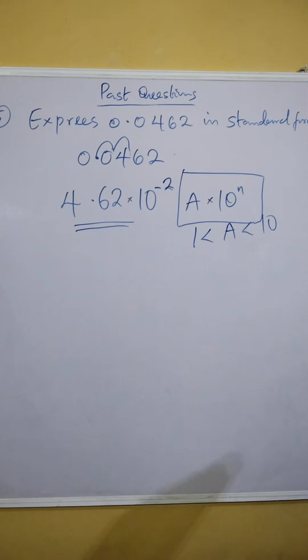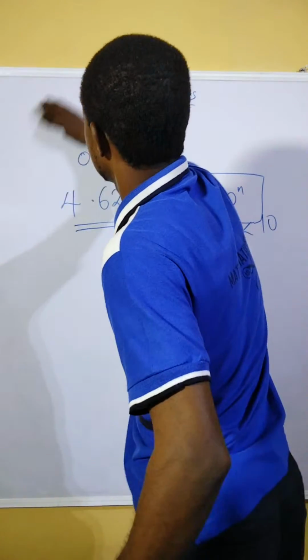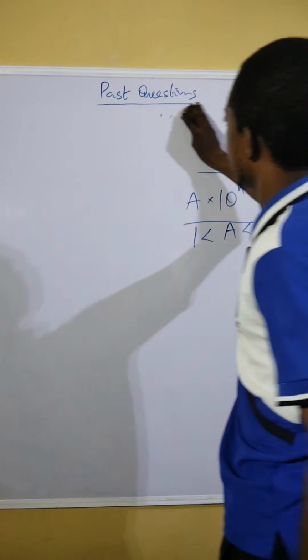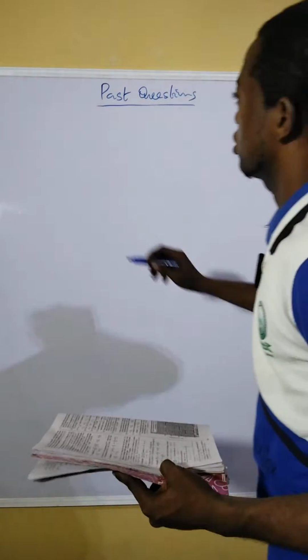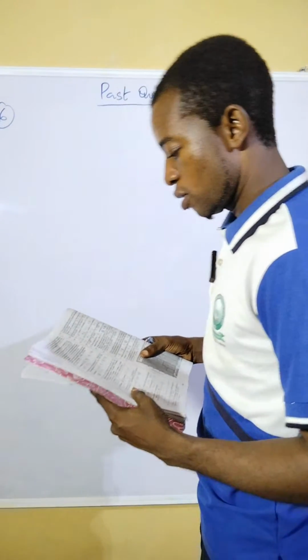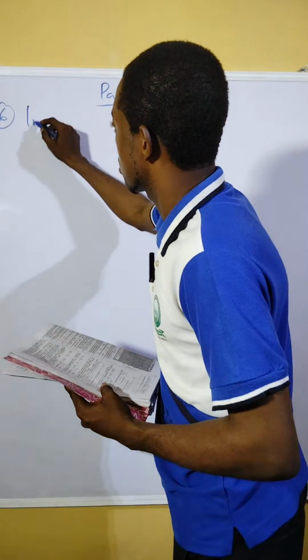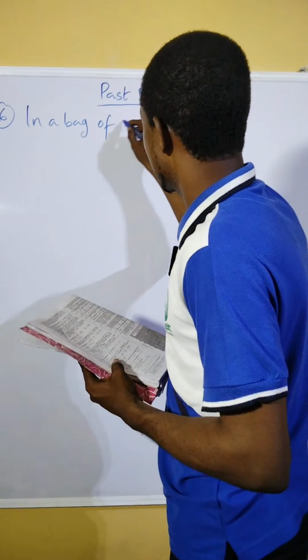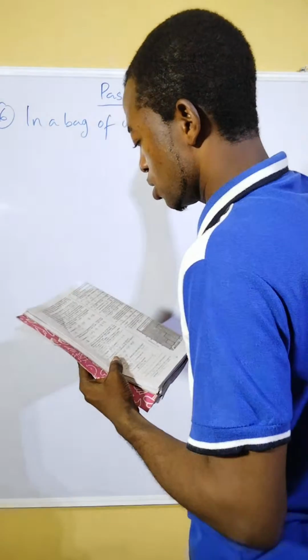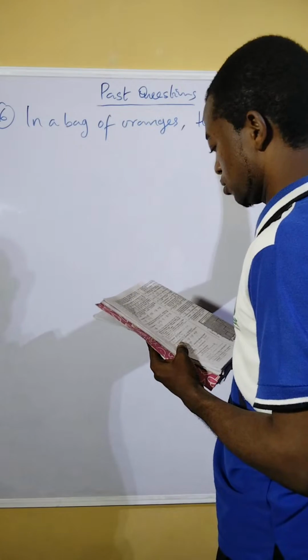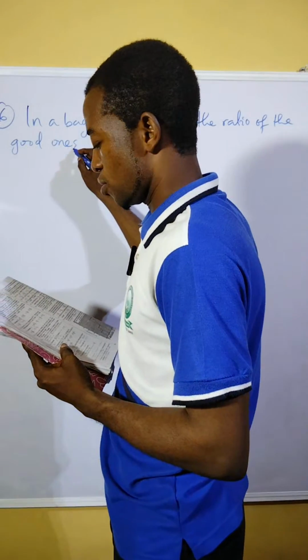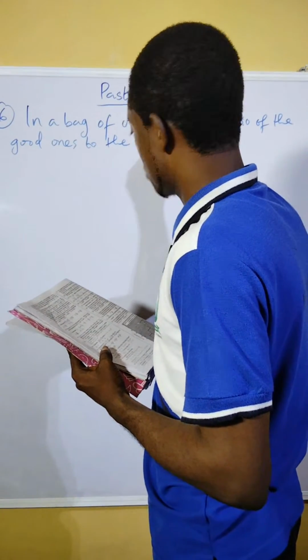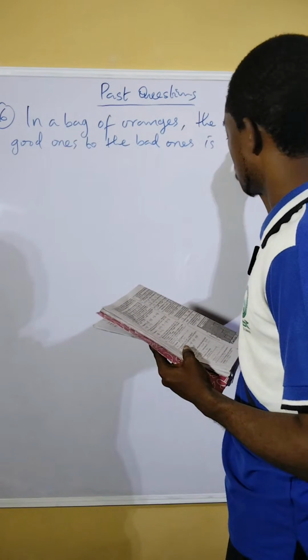Okay, then question number 6 here. In a bag of oranges, the ratio of the good ones to the bad ones is 5:4.